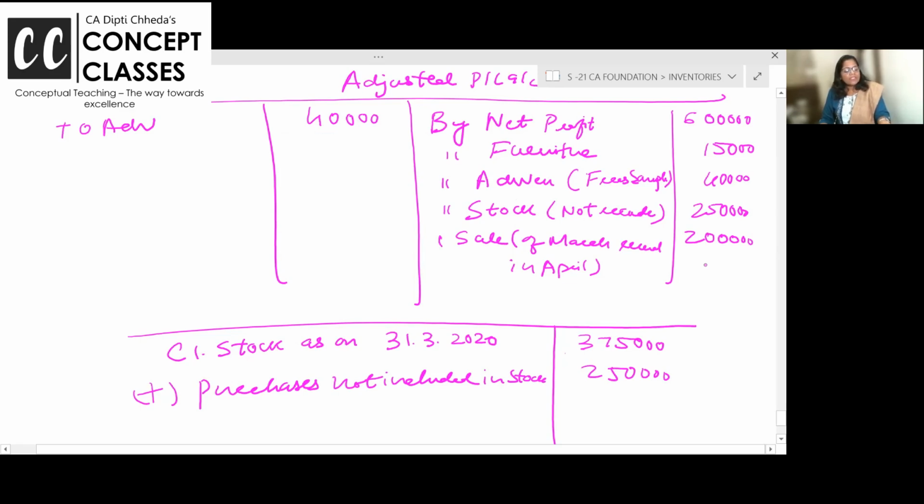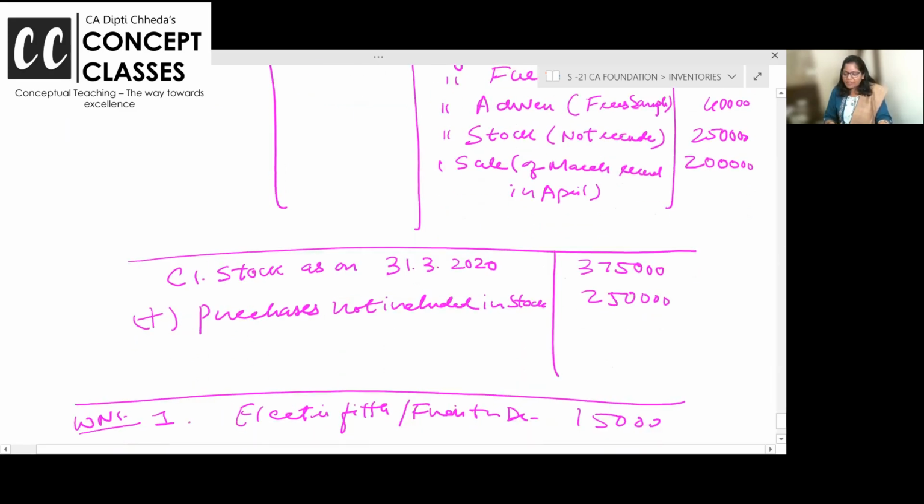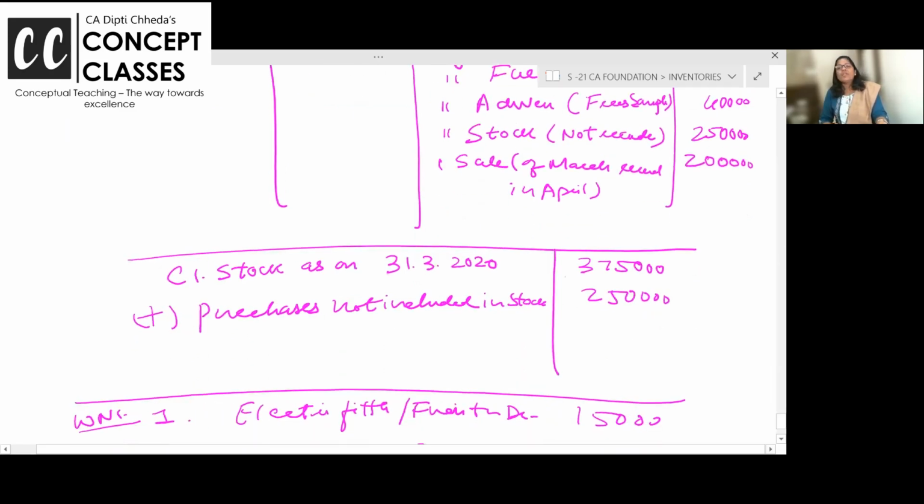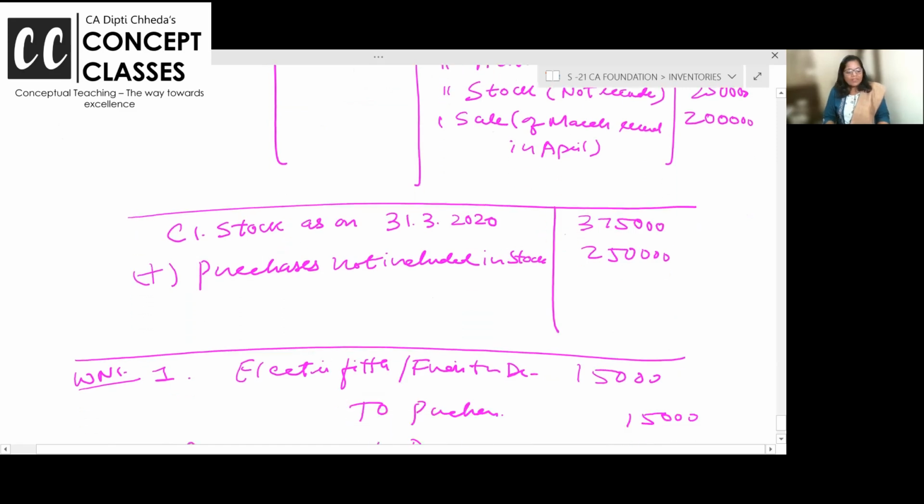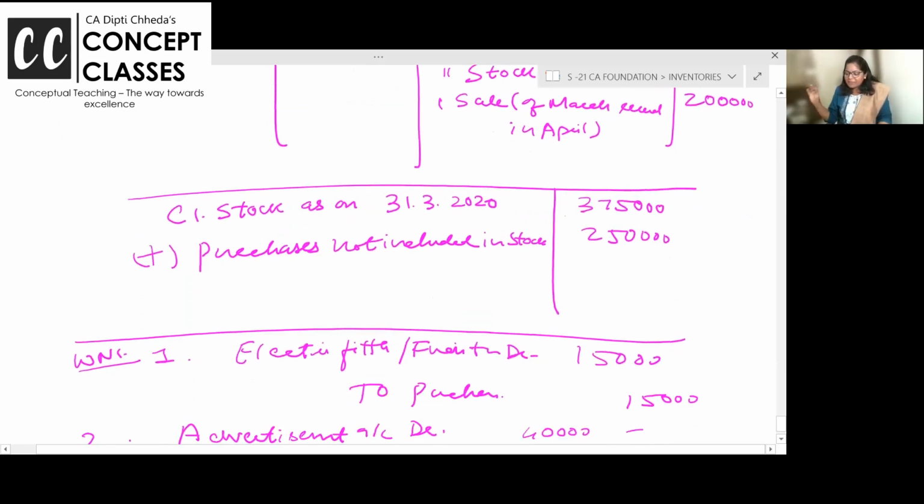Goods costing 75,000 were sent on sale or return basis at a margin of 33 1/3% on cost. Though approval was given in April, in March only you have taken as sales. It's wrong, no? How many goods were there? 75,000. Do you remember yesterday I gave you booster notes for goods sold on approval basis? So if they are not accepted in March, they are accepted in April.